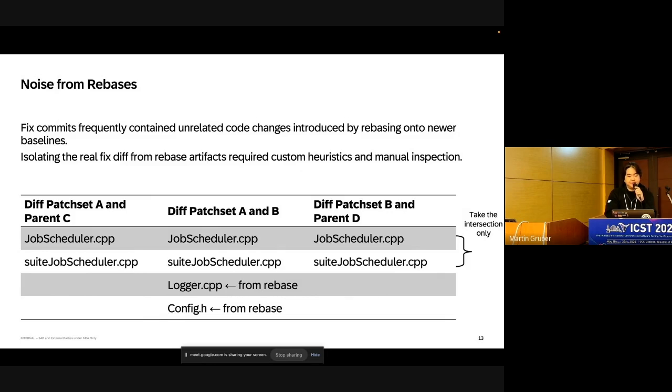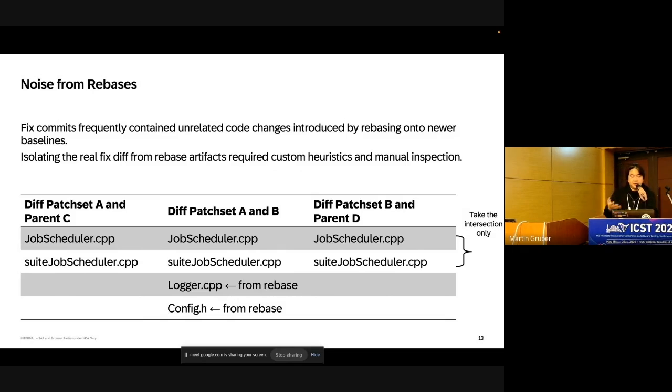And also some noise from rebases. Maybe this is not the major problem, but still, when a patch set A was created, the head could be parent C, and there are some changed files. And then when fixed patch set B was pushed, the parent can be updated, like parent B. And if we just leave the patch sets A and B, then there can be a lot of file changes from the rebase and so on.